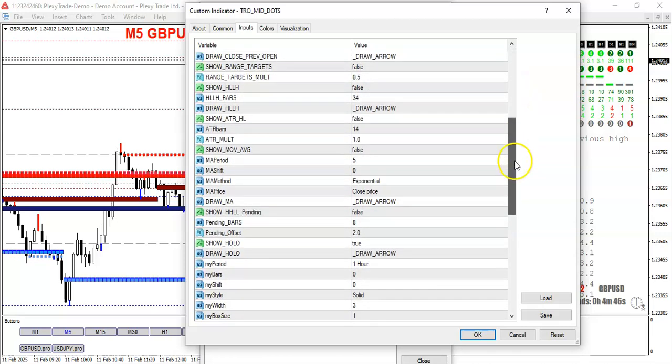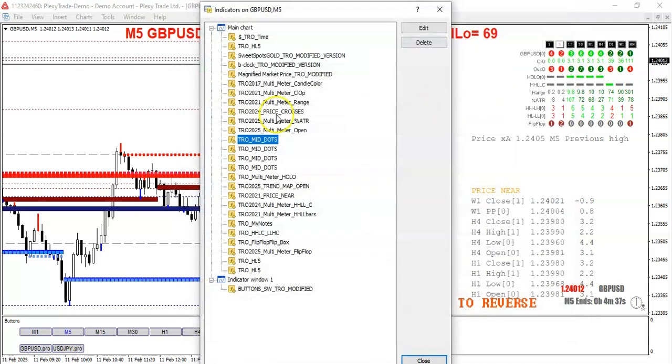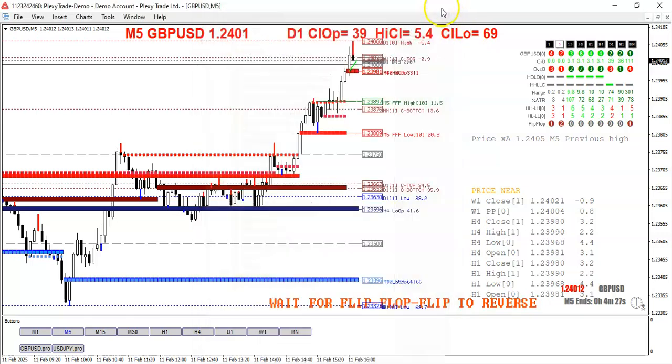And I added the show Holo. And I have 1, 2, 3, 4 copies of it in there. Also have a multimeter for the Holo.